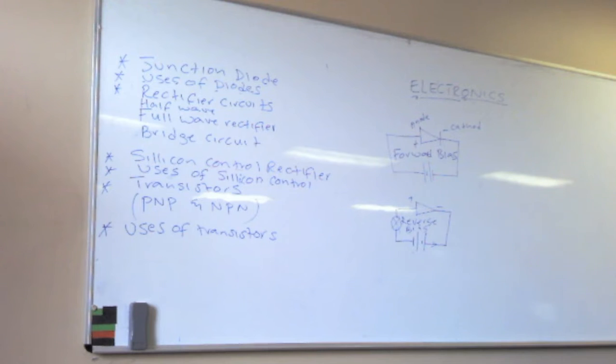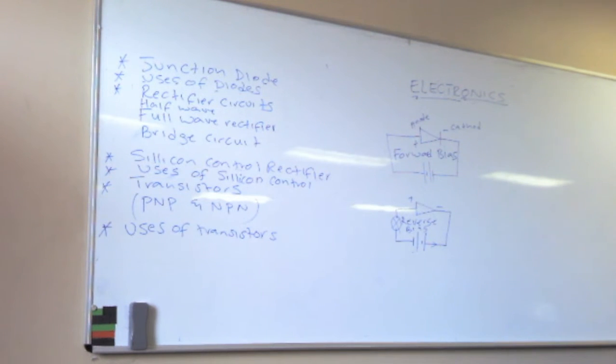A diode is called a semiconductor. I'm going to explain why. It can sometimes allow the flow of current, sometimes it does not allow. As the two sketches are showing you, in the first sketch it is allowing the flow of current, and in the second sketch it's not allowing. So if it's a semiconductor, it means that it's in between, conducting and not conducting.